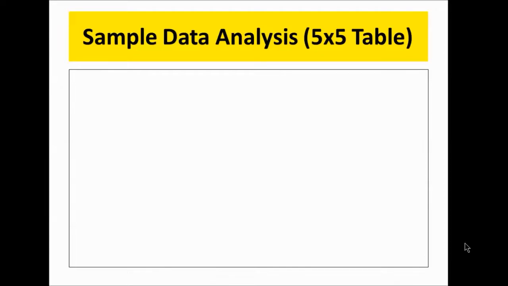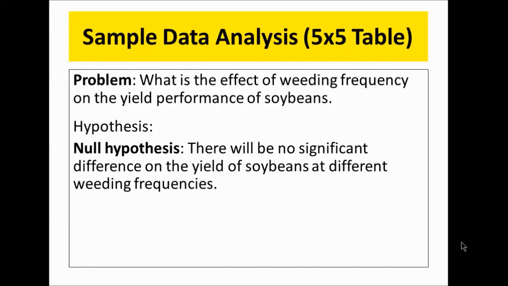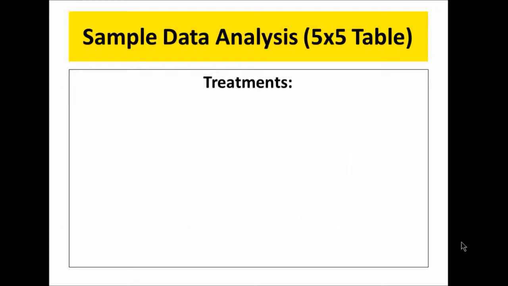Now let us analyze a sample. Of course, we start with the problem, and this is weeding frequency and yield performance of soybeans with the following hypothesis: null hypothesis, no significant difference; alternative hypothesis, there will be a significant difference, or at least one treatment mean is different from the others.